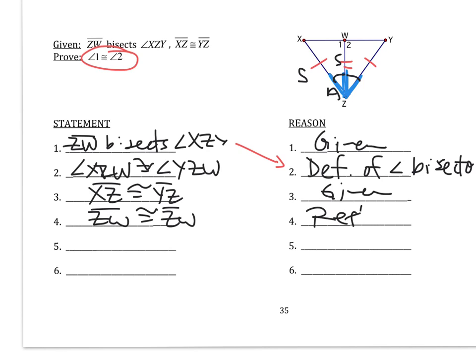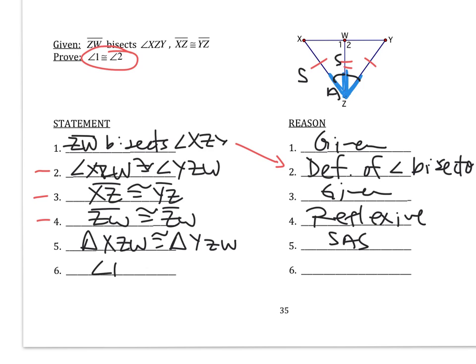Okay, very good. Okay, and now we've got three congruency statements. Line 2 is congruent, line 3 is congruent, line 4 is congruent. So now we can say the triangles are congruent. So triangle XZW is congruent to triangle YZW. Okay, and we said that was SAS.